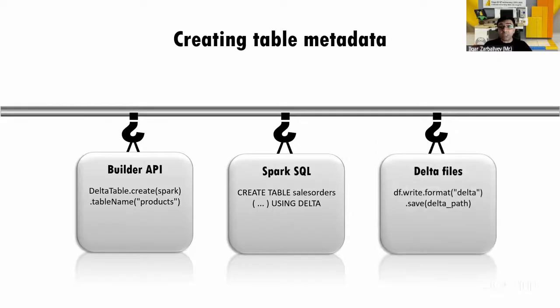And the third route is different in kind. Saving data in Delta format without creating a table definition in the metastore at all. That gives you Delta files on storage that you can later overlay with a table definition or process directly through the Delta Lake API. Let's take each of these in turn.